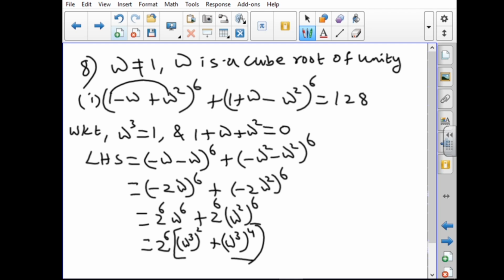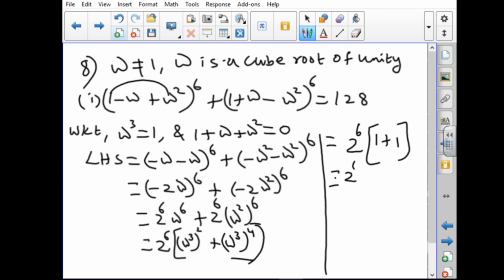So it is equal to 2 power 6 into omega cube is 1, so 1 plus 1, which is equal to 2 power 6 into 2, which is equal to 2 power 7, and 2 power 7 is equal to 128.